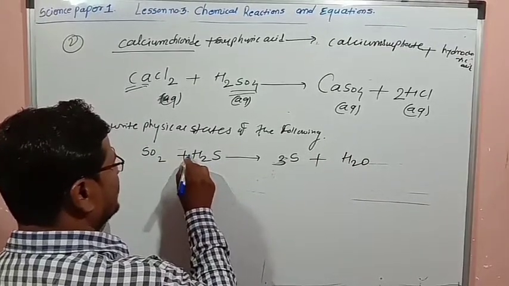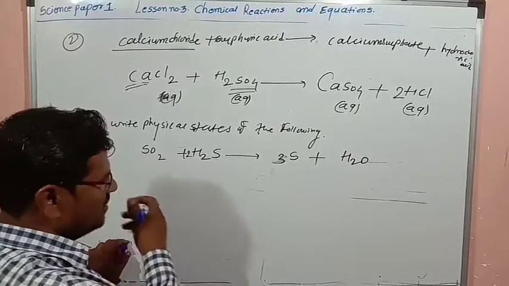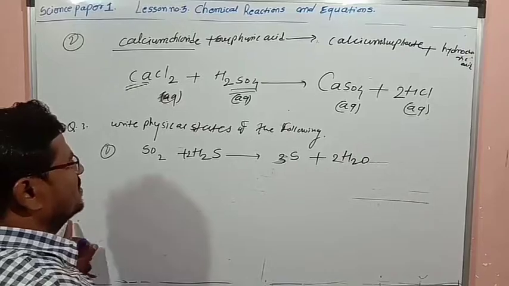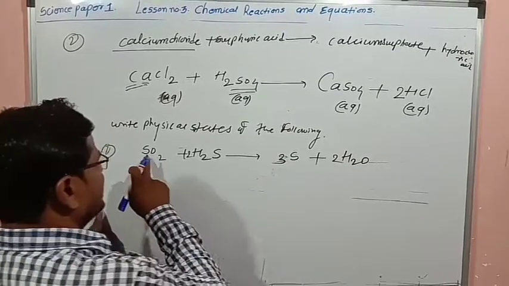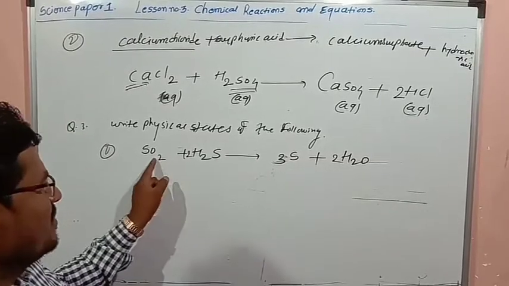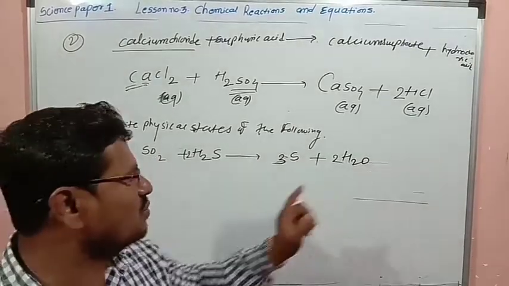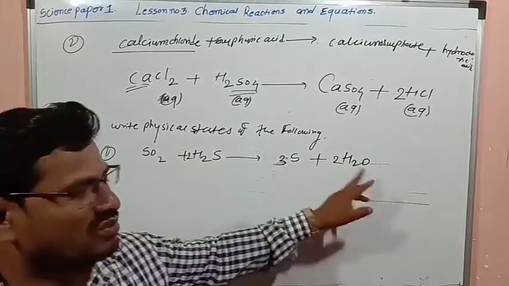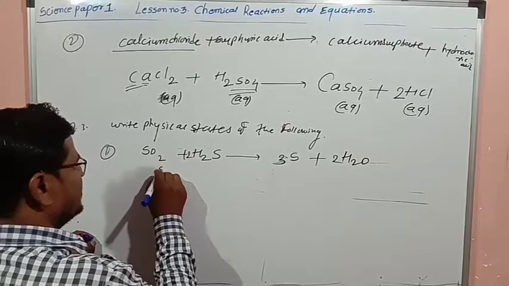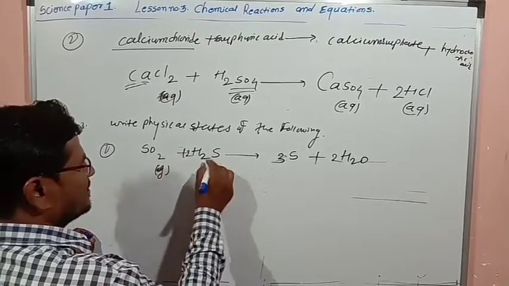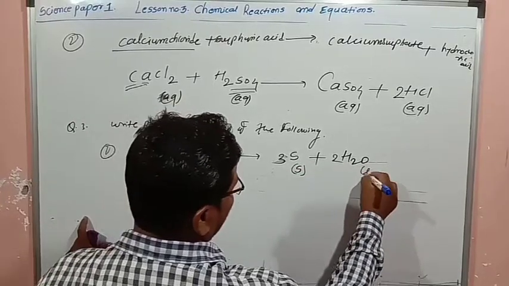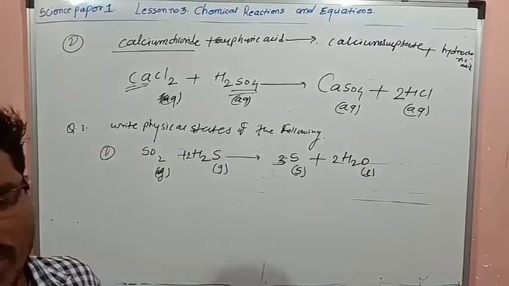So one thing you can do: you will write 2H2S. So this chemical equation will be balanced. Now sulfur 1 plus 2 is 3, oxygen 2, 2O, and hydrogen 4, 4. So this chemical equation is balanced, and the state is gaseous, here also gaseous, this one is solid state, this one is liquid state. So this is the chemical equation.